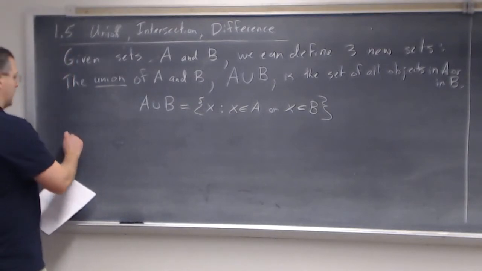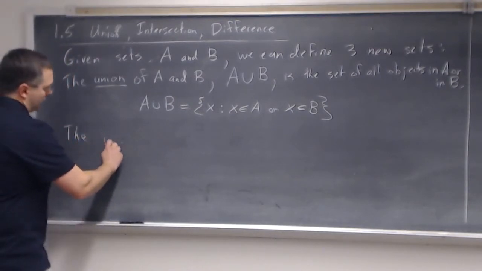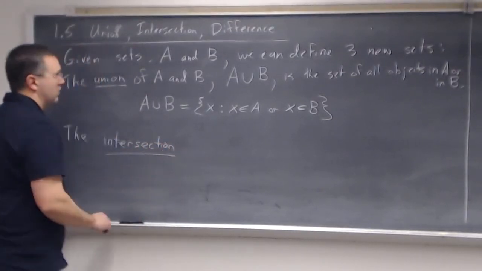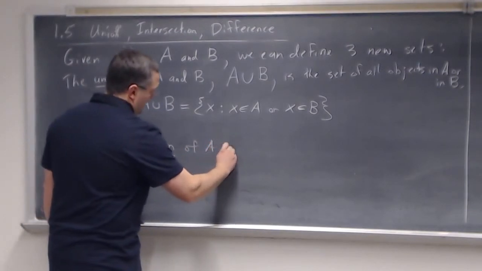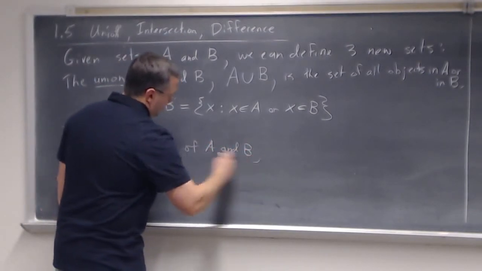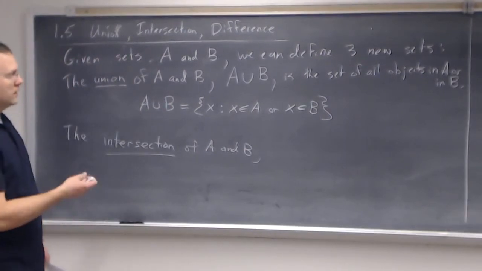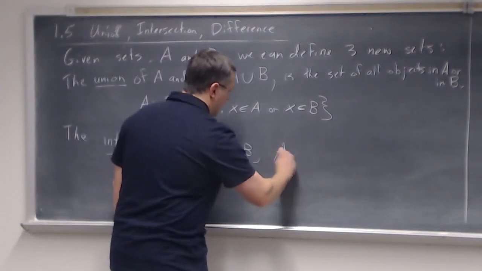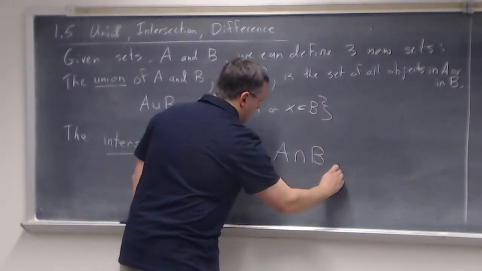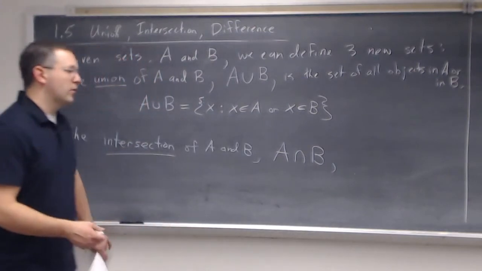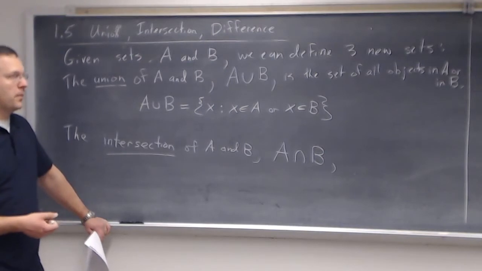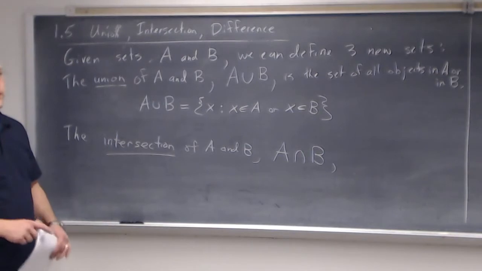Okay, so the second set is the intersection of A and B. The symbol for intersection is an upside down U. So that's A intersect B, or the intersection of A and B. Think about when you're driving a car and you pass an intersection.